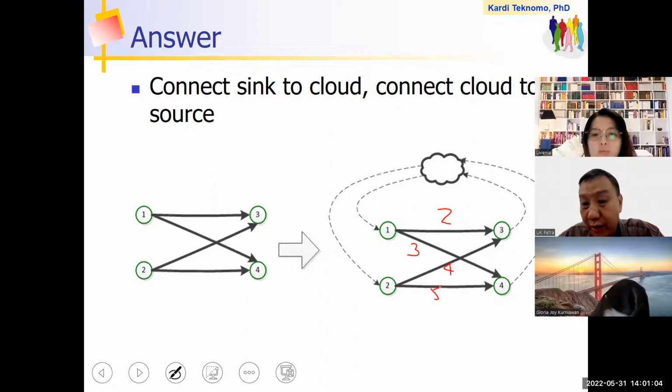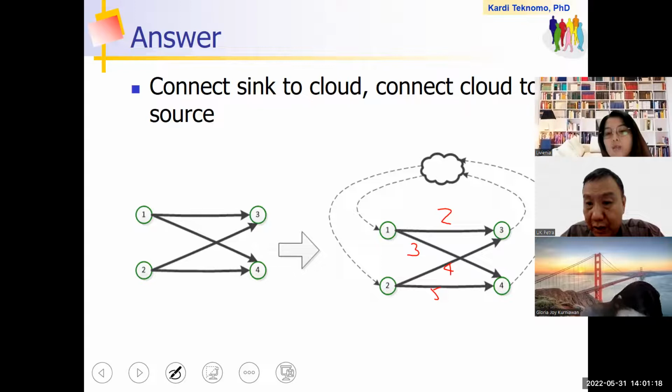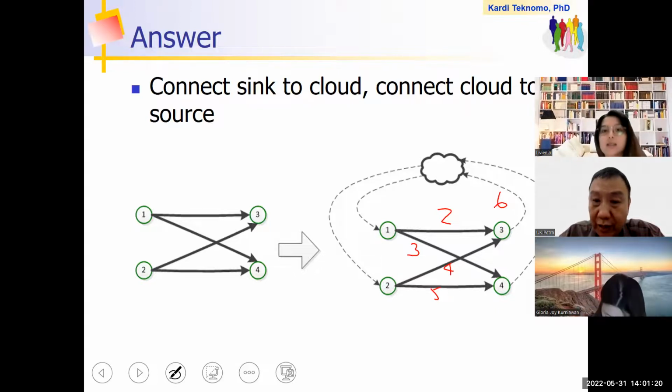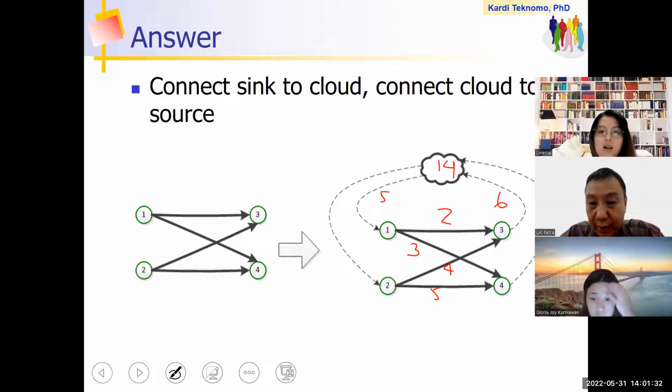Then you just continue. This must also be 5, right? And 5 plus 3, how much? 8, correct. And then 2 plus 4 means this is 6. So inside the cloud node, I have 14 here. Then this will become 5, and this one will become 9, correct?